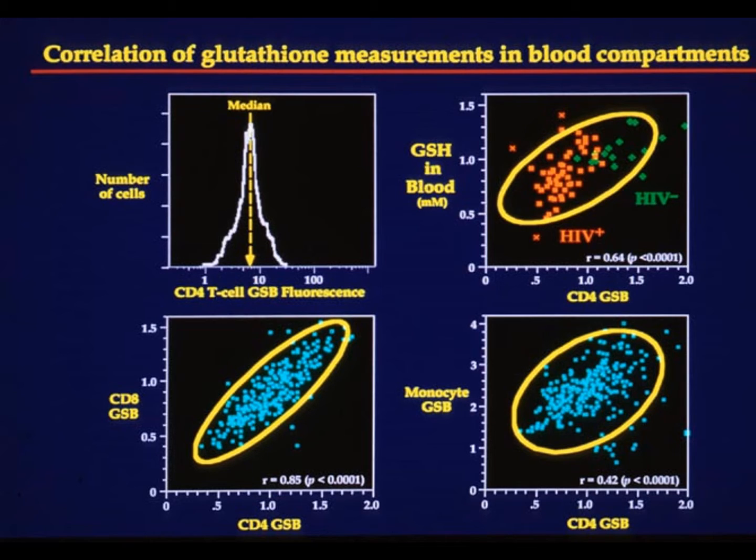By FACS, you can measure the glutathione in individual cells. You can measure different cell types by using surface antigen detection with the various CD antigens. So you see here that one type of cell, CD4 T cells, gives you a median, and we plot the distribution.